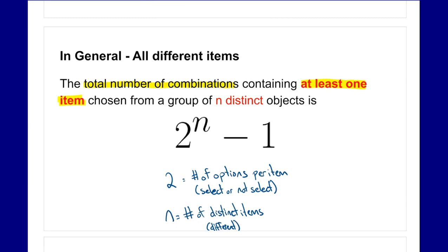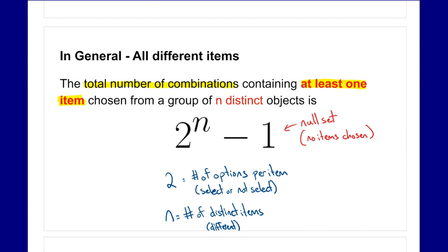And the 1 we subtract represents the null set, meaning no items are chosen. Because we're saying at least one, we subtract the one scenario where none of them are selected.